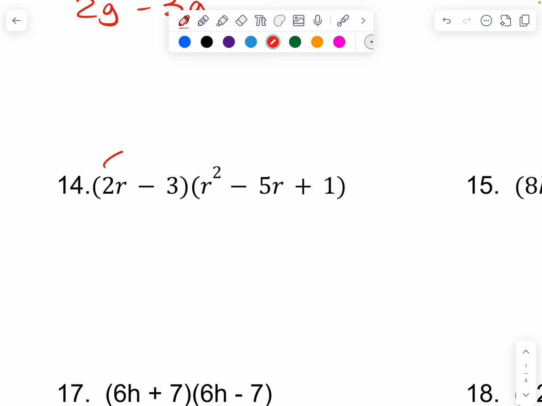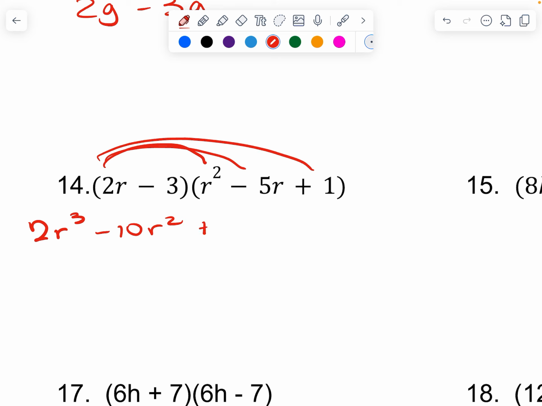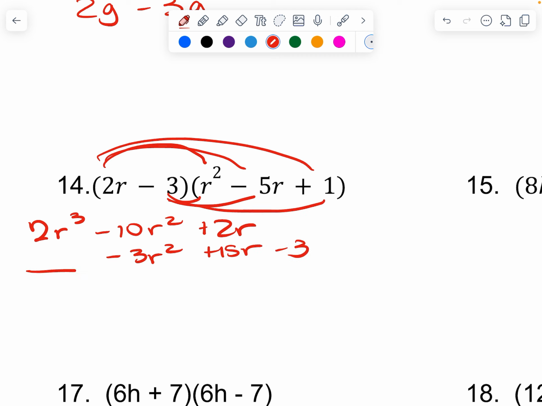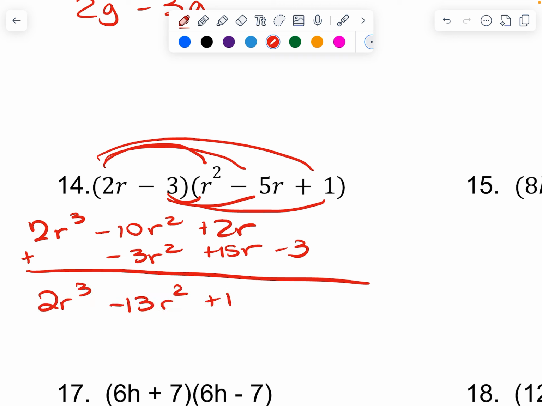This one, I'm going to multiply here and I'm going to get 2r to the third, multiply here, get minus 10r squared, multiply here and get 2r, multiply here, negative 3r squared, here and get 15r, and here and get minus 3. Add these up, and I get 2r to the third, minus 13r squared, plus 17r minus 3.